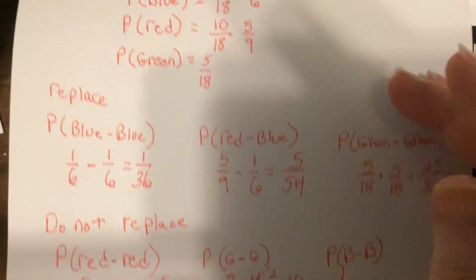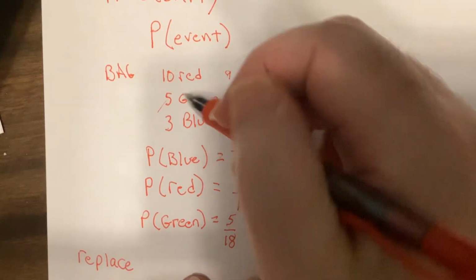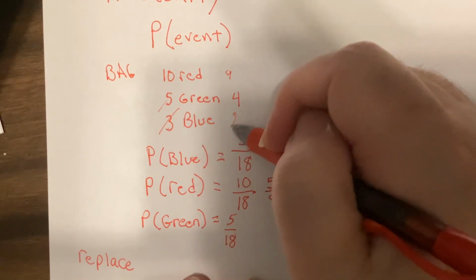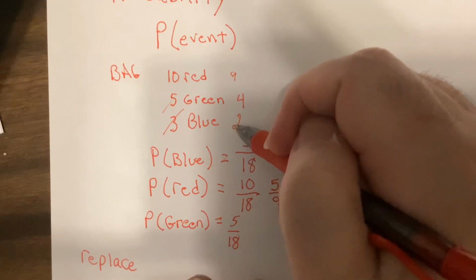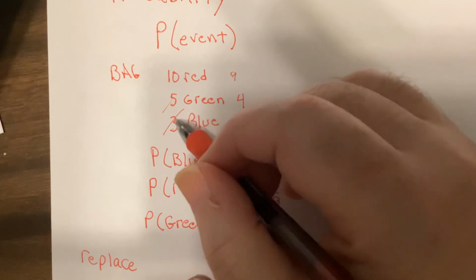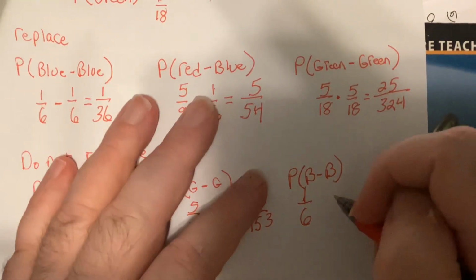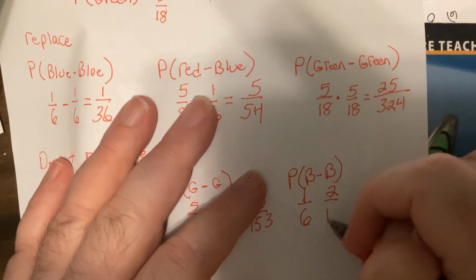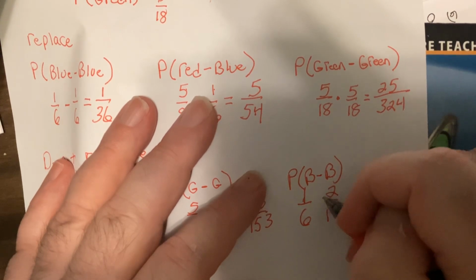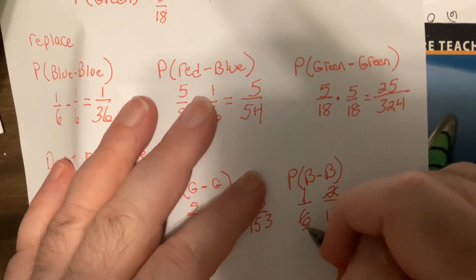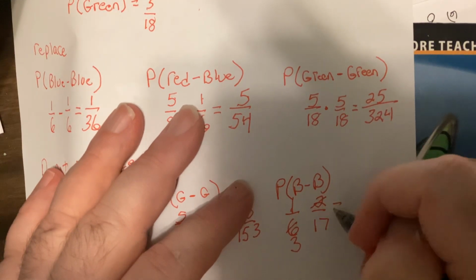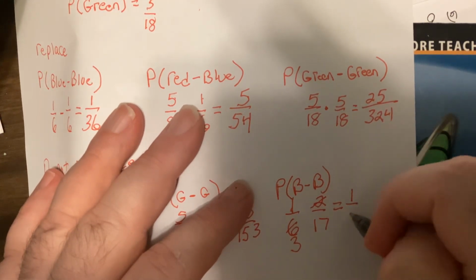But as soon as we draw out a blue and don't replace it, we're now down to 2 blues. And that would be 2 out of 17. So if we keep drawing blues, we would run out of blues. So 2 goes into 6 3 times. So this would be 1 out of 51.